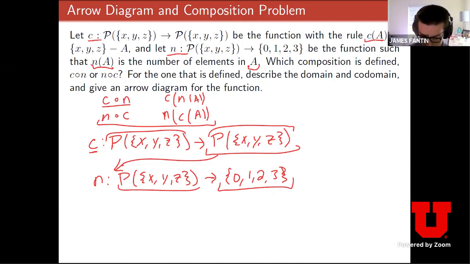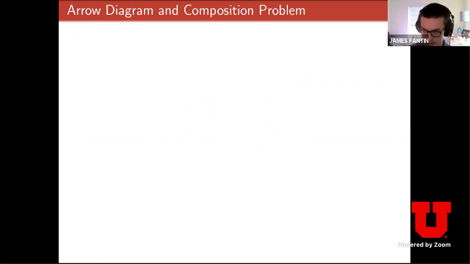So for the one that is defined, we need to describe the domain, the codomain, and then we need to write an arrow diagram for this function. So let's think about how we can do this for N composed C. And remember, I'll just write the rules again.